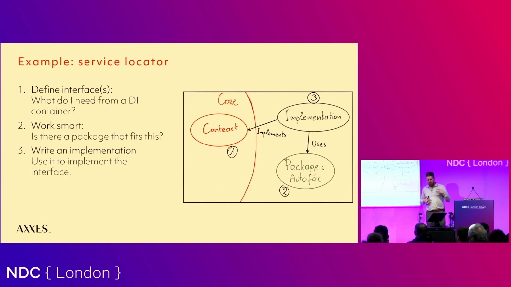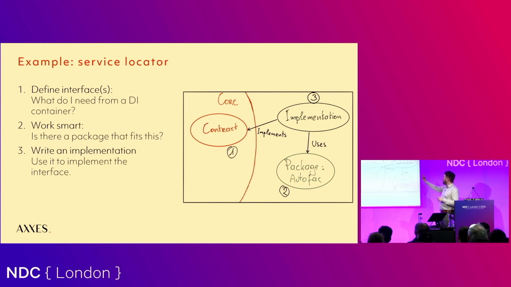Now, sometimes you need weird stuff, and I'm going to use this as an example. At some point, you need a DI container in the story to tie some stuff together. And if you want to implement a service locator because you need it in your domain code, and why we need it, I'll show you in a minute. If you need something like that, what you think about is, what do I expect from my DI container?